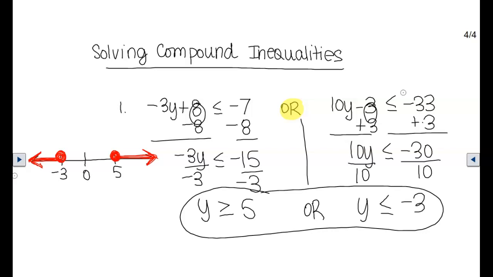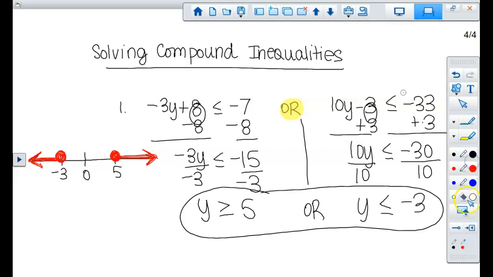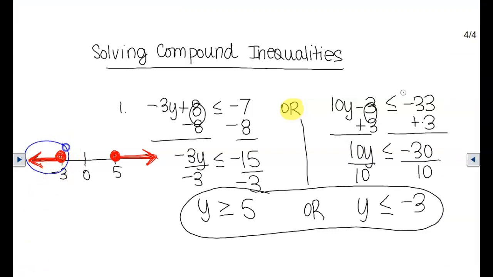Now, when I do my interval, there are two rays here that I've graphed. So I'm going to have to do two values for each ray. So on this ray, it's negative infinity, negative 3. And on this ray, it's 5 and infinity.